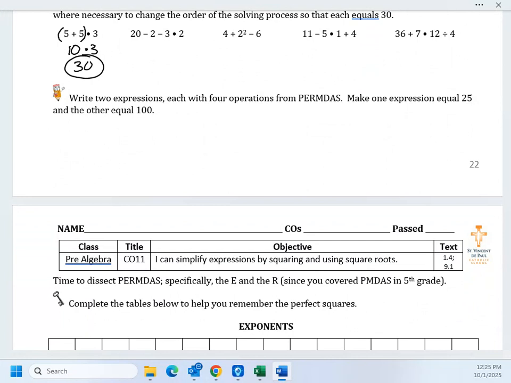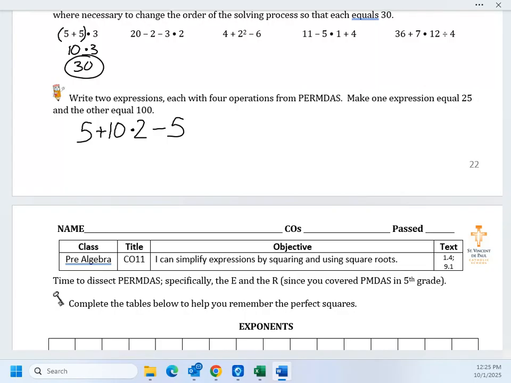Elliot? We could do 5 plus 10. Okay. Times 2. Minus 9.